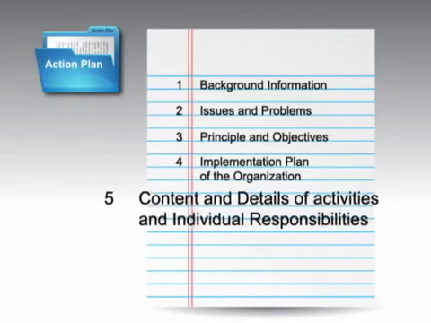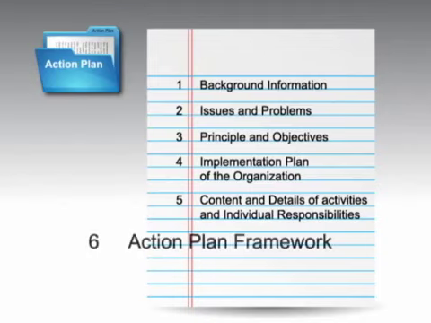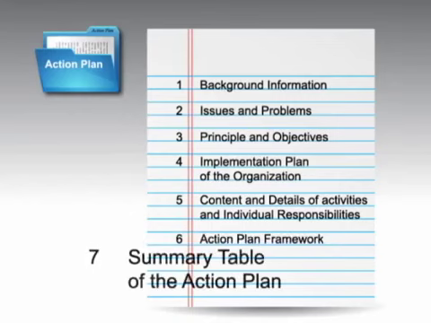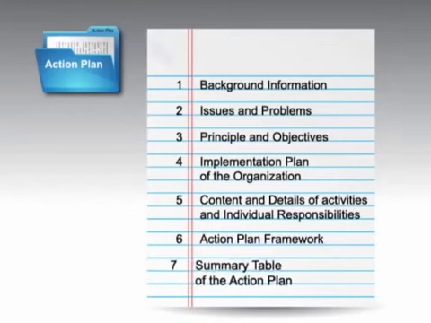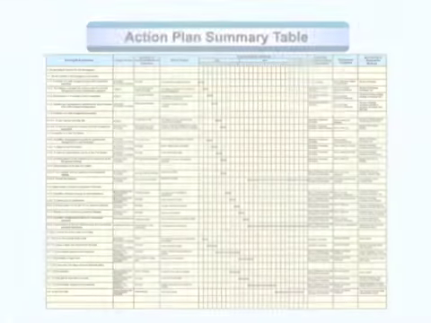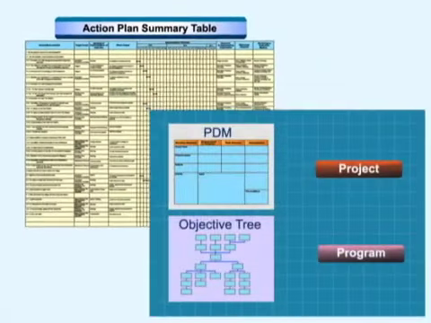The content and details of activities and individual responsibilities. 6. An action plan framework. 7. A summary table of the action plan. To make an action plan summary table, the PDM should be referred to when planning a project, and the objective tree for a program.